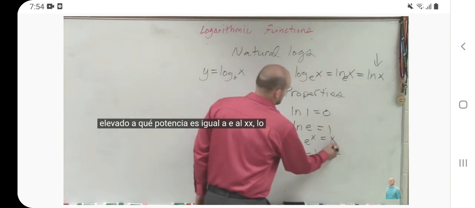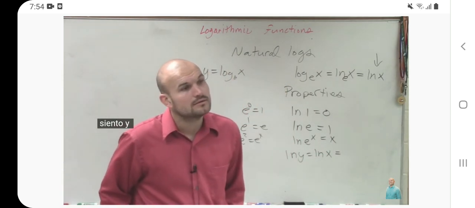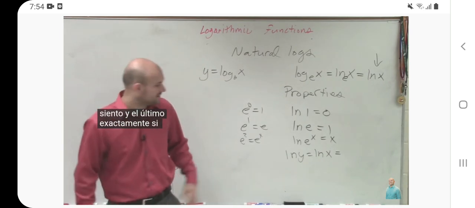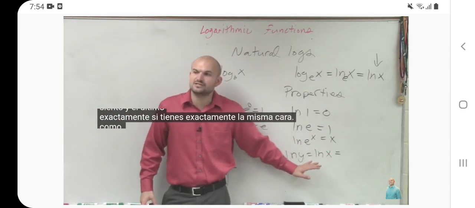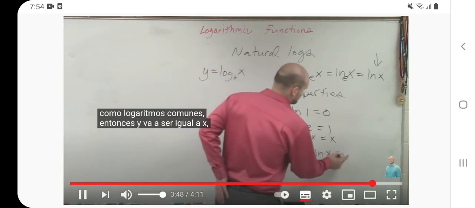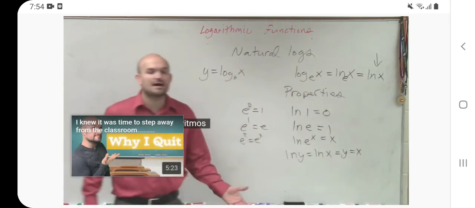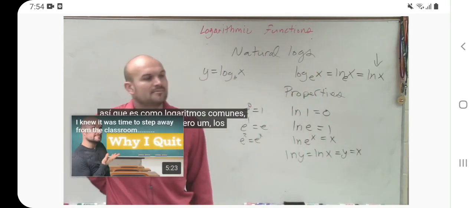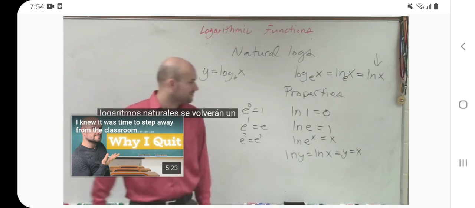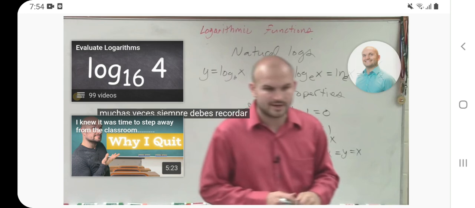X. And the last one, exactly, if you have the exact same base, just like common logarithms, then y is going to equal x. So it's just like common logarithms, ladies and gentlemen, but the natural logarithms are going to get a little bit more confusing just because a lot of times you always have to remember they always have a base e, okay?